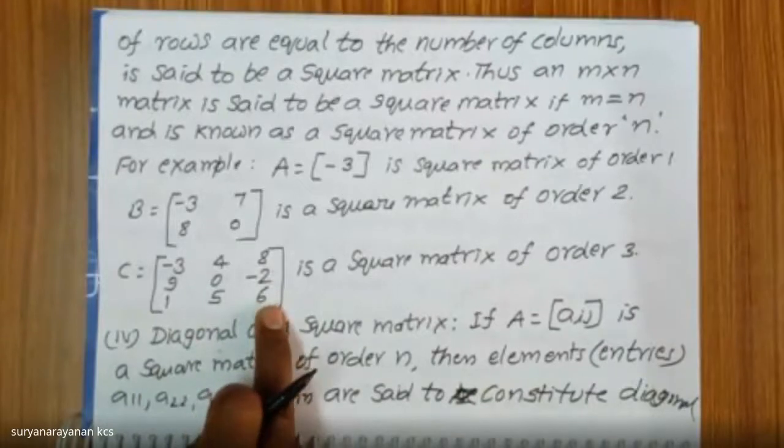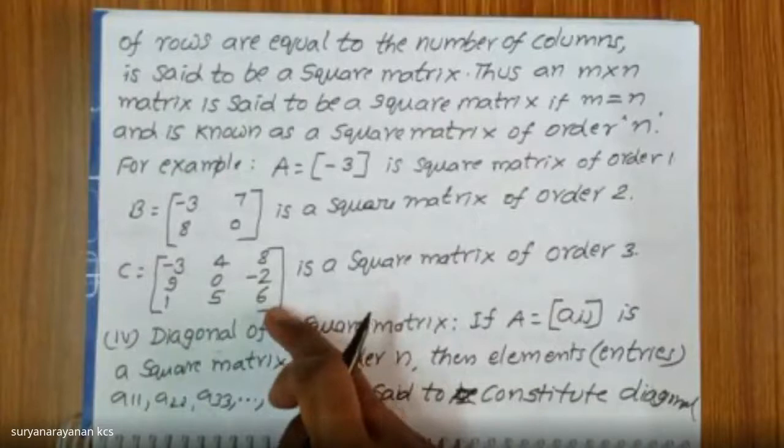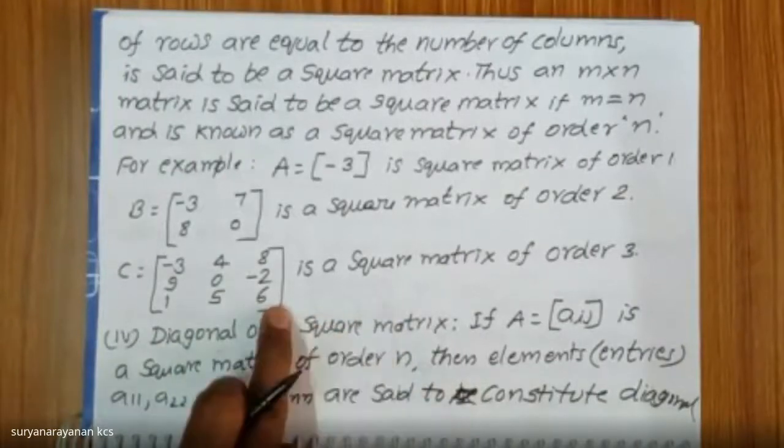If you join the first element of the first row to the last element of the last row by a line, then that is called the diagonal of that square matrix.